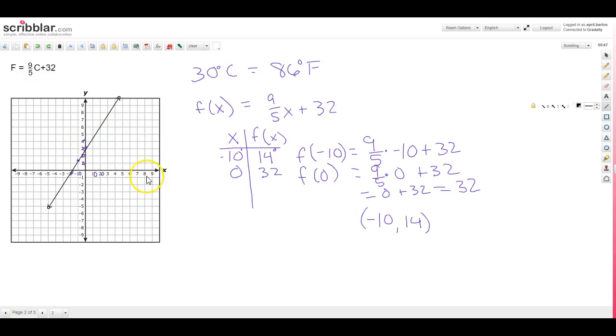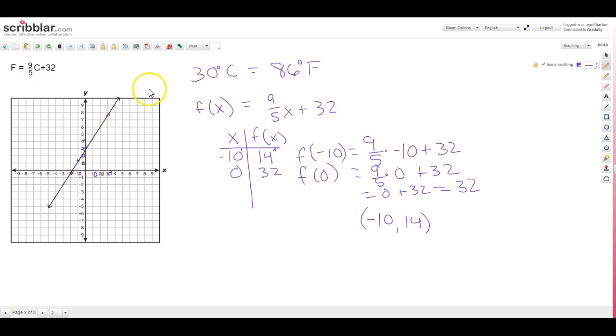Just looking at the graph now of this line, we could say, well, if it's 30 degrees Celsius, what is that about in Fahrenheit? So we would follow the 30 up to the line. We're about here, so 30 degrees Celsius is about 78 degrees Fahrenheit. Now some of this might be off because I'm drawing it by hand.